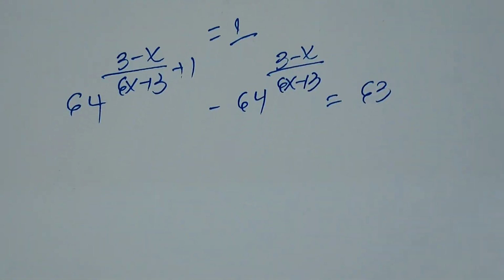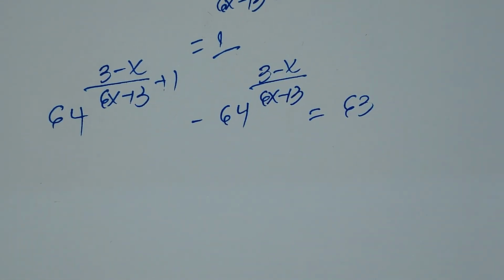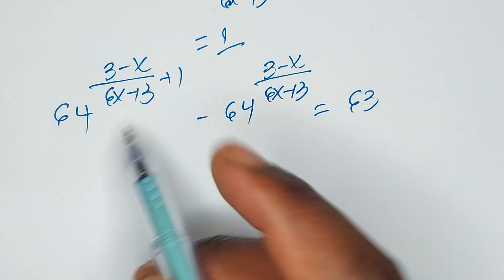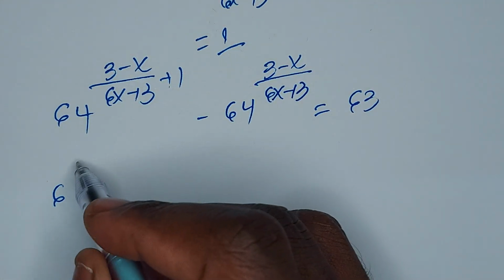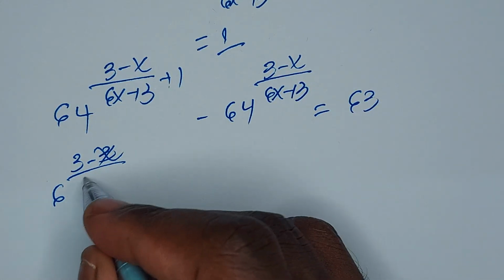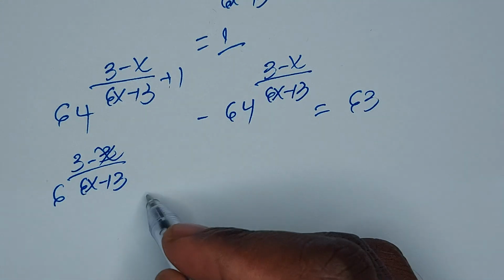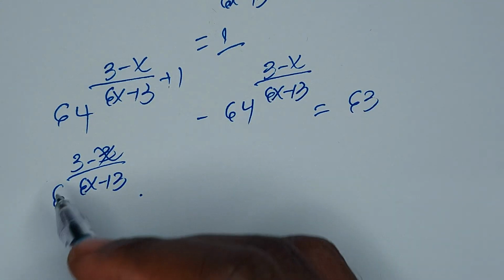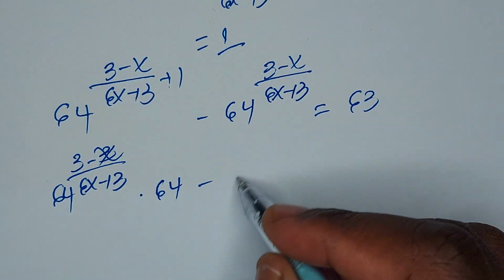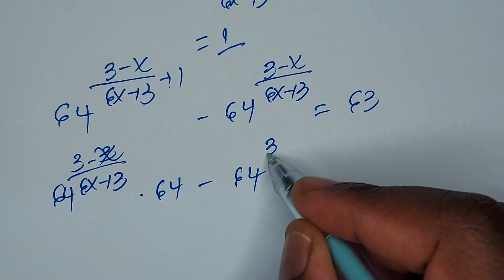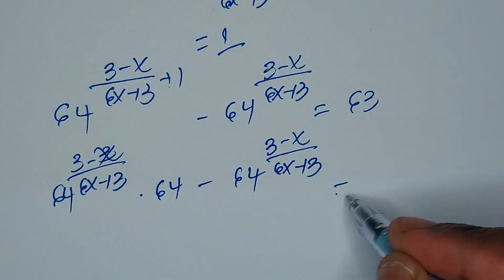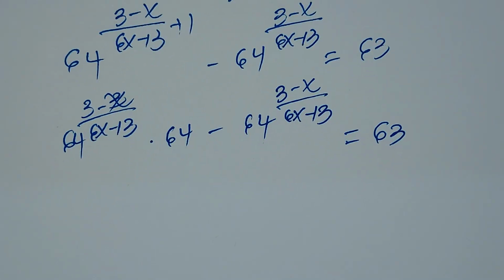Okay guys, given this plus 1 here, we can say that we have 64 to the power of 3 minus x over 6x minus 13, times 64 because we have the 1 here, minus 64 to the power of 3 minus x divided by 6x minus 13 equals 63.